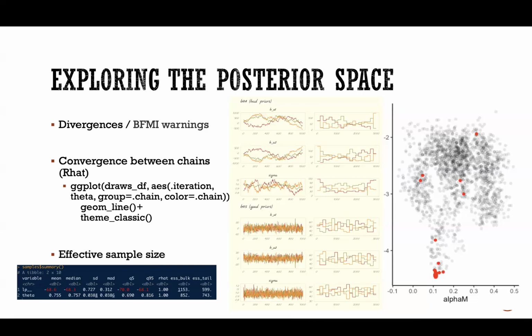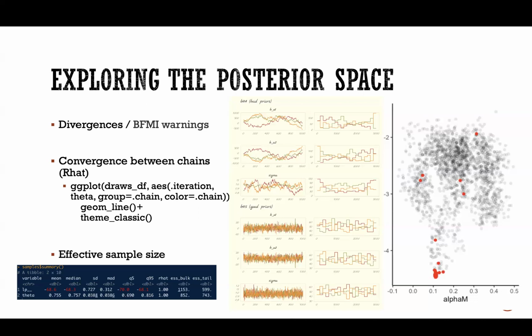If the autocorrelation persists, it will discount it a lot. So sometimes you might have 4,000 posterior samples, but 1 effective sample size, meaning that all the chains just get stuck somewhere.